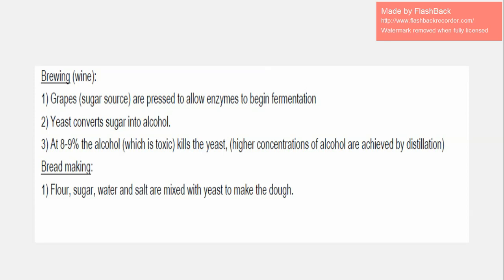In making wine we need grapes, so they press them and expose them to yeast, or add yeast to them. So the yeast converts sugar into alcohol; by respiration it breaks down sugar into alcohol and of course carbon dioxide. Now, carbon dioxide makes the wine fizzy, such as in soft drinks, and the alcohol is the main component in wine.